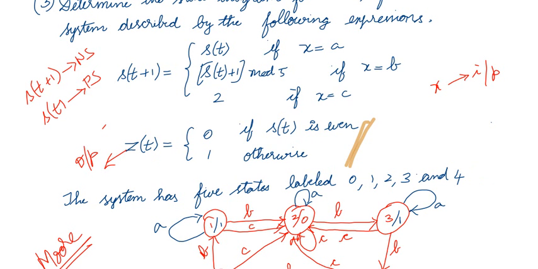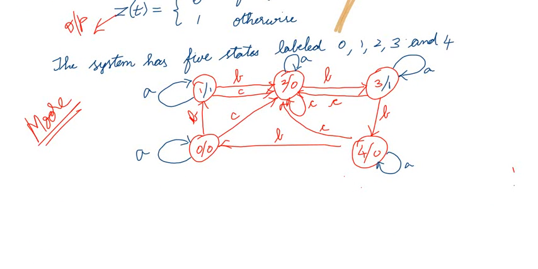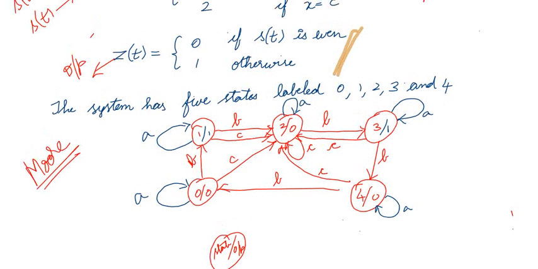In a Moore machine, inside the circle itself, below the state, you write the output, as state slash output. When the state is even, the output is 0, so for states 0, 2 and 4, output is 0. For odd states like 1 and 3, the output is 1.